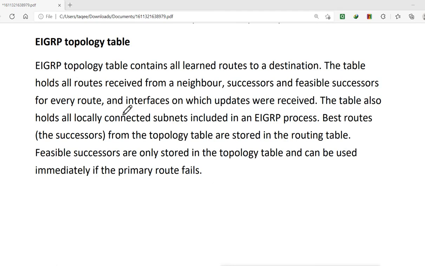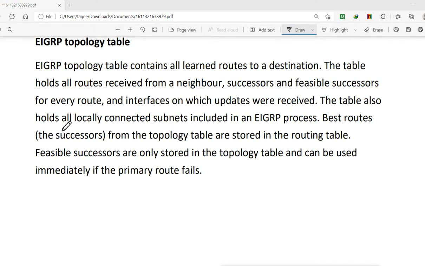Then the EIGRP topology table. This EIGRP topology table contains all the learned routes to a destination. The table holds all routes received from the neighbors, the successor and feasible successor for every route, and the interface on which updates were received. The table also holds all locally connected subnets included in an EIGRP process.